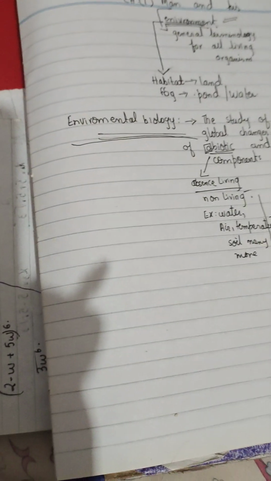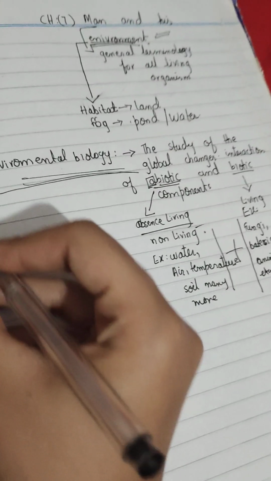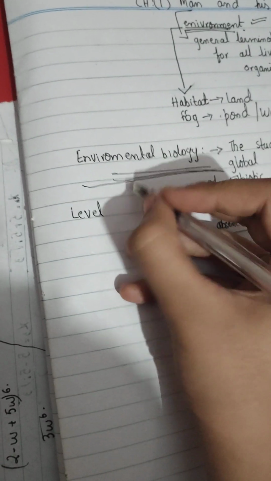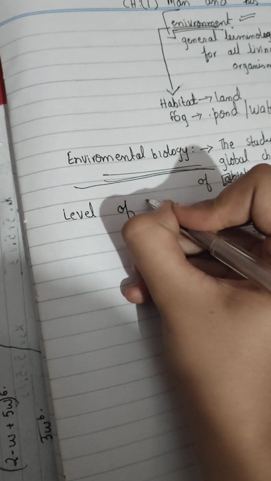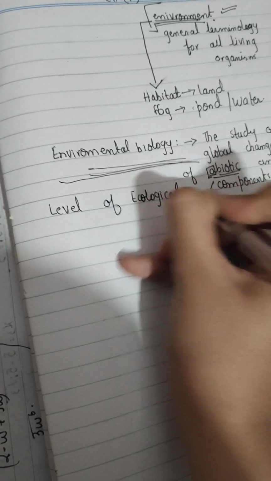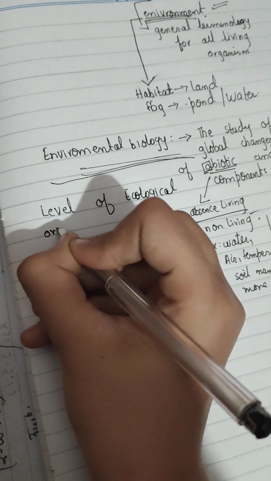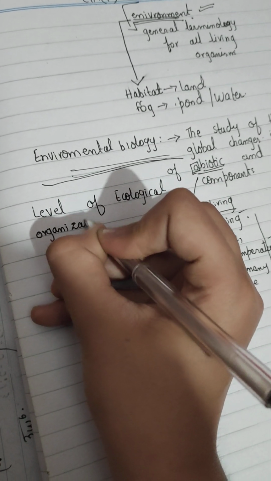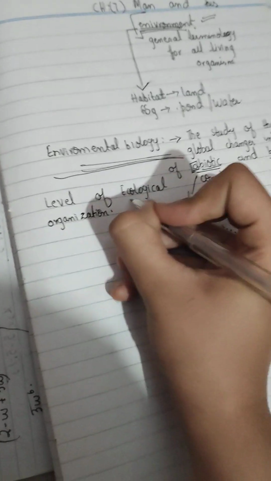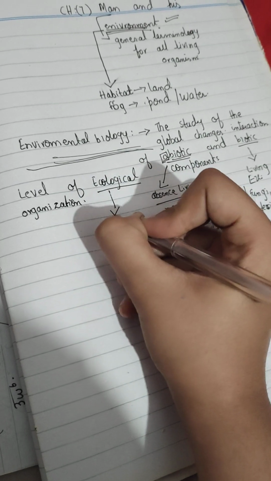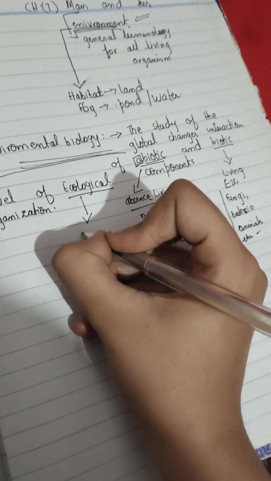Moving towards our next topic, that is levels of ecological organization. What does this word mean to you? We need to decode it first.